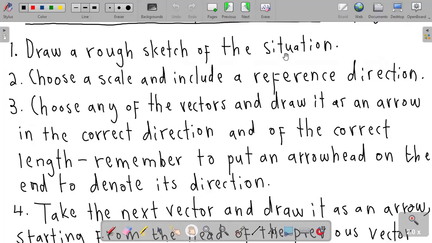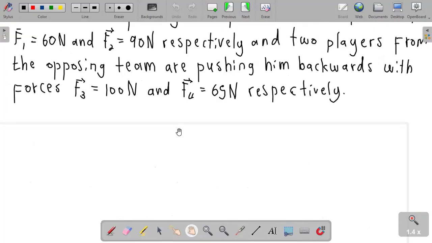So we draw a rough sketch of the situation. Let's go to the next page. For step 1, let's get to a solution here.